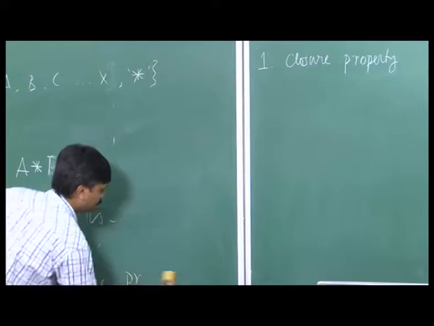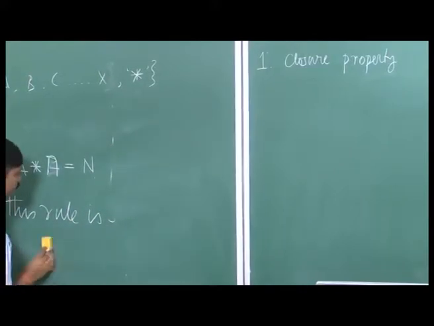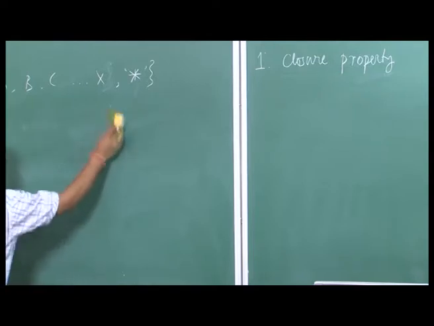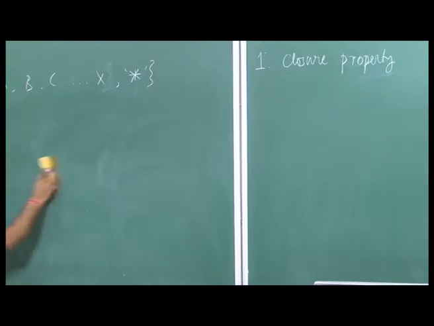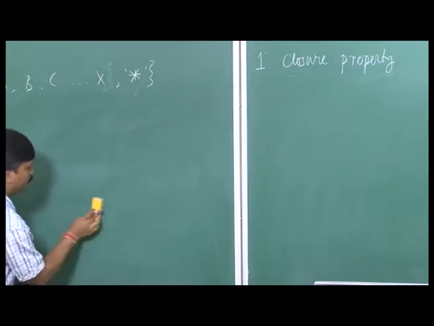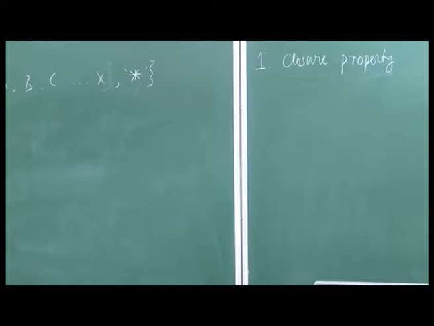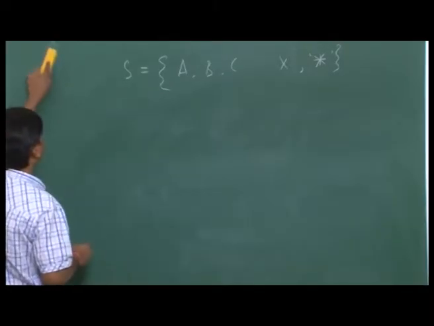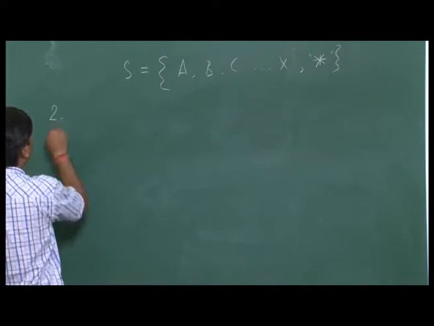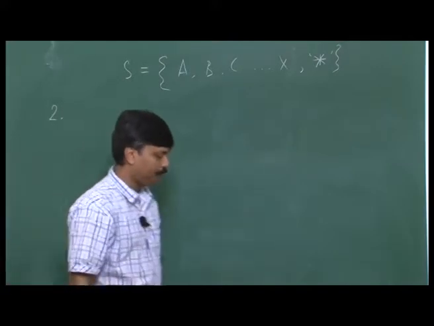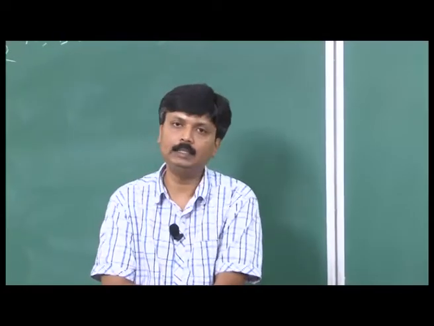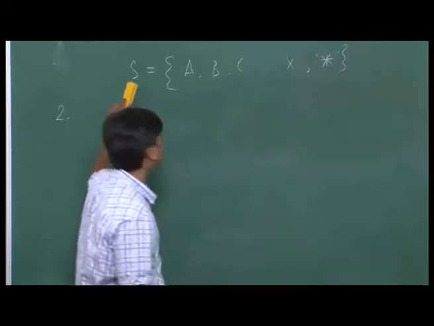I said there are 4 such conditions. If they are met, then they will make this set a group, and we learned about the first property, that is the closure property. Now which one is number 2? Number 2 says that there must be an element within this set. Let us consider this set again.